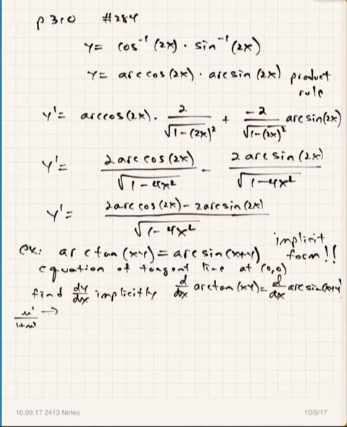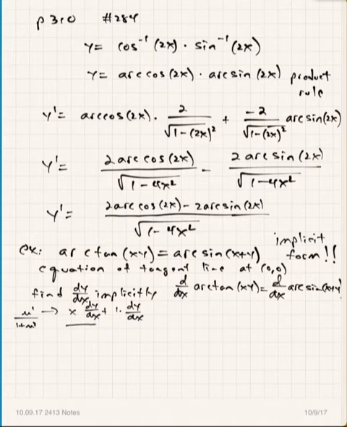The u prime part is the derivative of xy, so that's the product rule. U is xy there, so that'd be first times the derivative of the second plus the second times the derivative of the first, but the derivative of the first is just 1 with respect to x. So that'd be the product rule in the numerator.